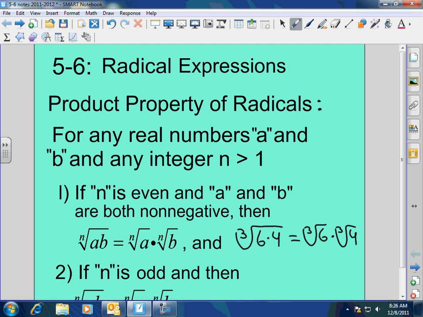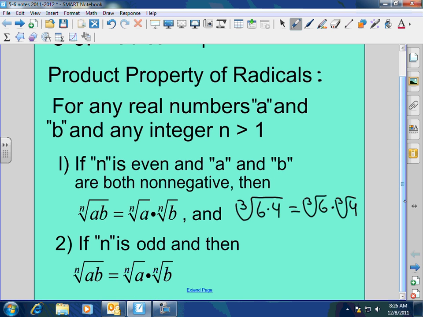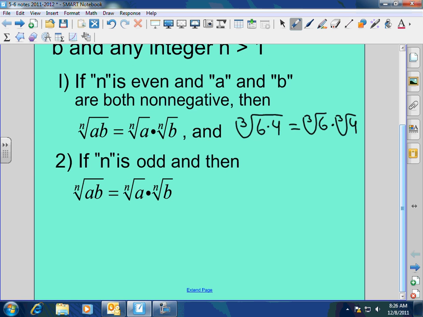And then from there we would be able to simplify as needed. And in this case, there's not much to simplify. But you can break down products inside of radicals. And the same thing works if it's odd. And I'm sorry, this should have been a square root, because that was for even.